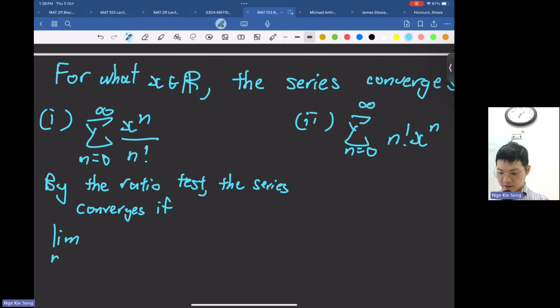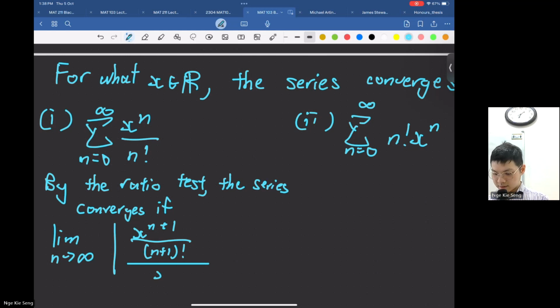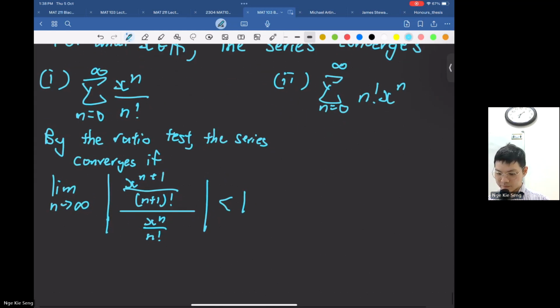So for the first one, we need to make sure that the absolute value of x to the n plus 1 over n plus 1 factorial, over x to the n over n factorial, is less than 1.